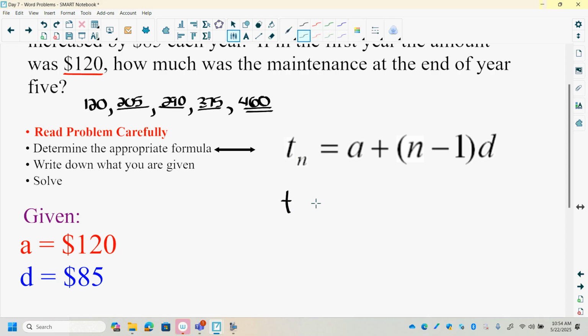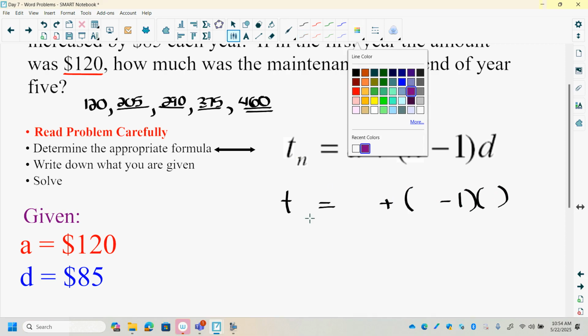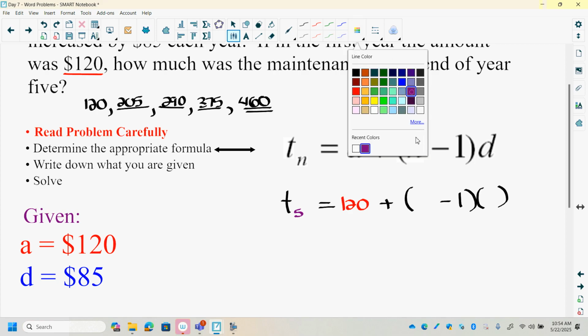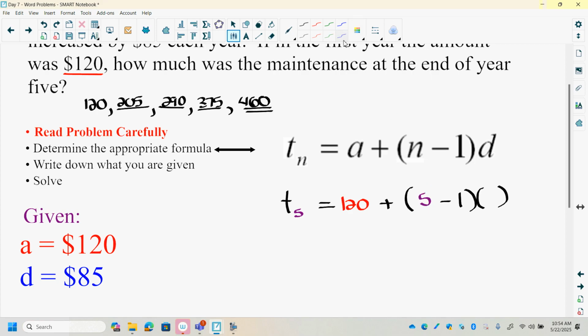I would replace the n's with 5s. So term 5 is what I was looking for. I would replace the A with 120 and the n with a 5 and the d with an 85.